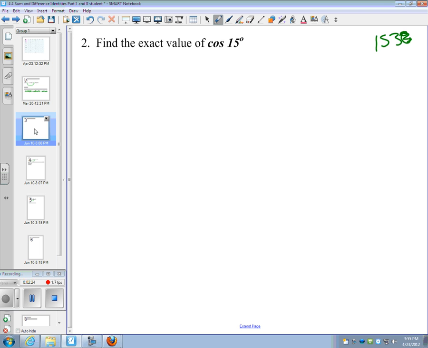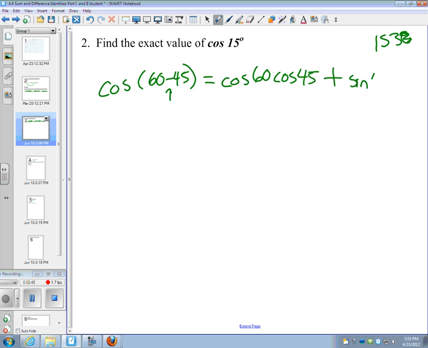So we're going to say cos of 60 minus 45. Using our identities, we know that this is equal to cos of 60 cos of 45. Now we use the opposite sign, positive, opposite to this sign right here, plus the product of the sine of 60 times the sine of 45.